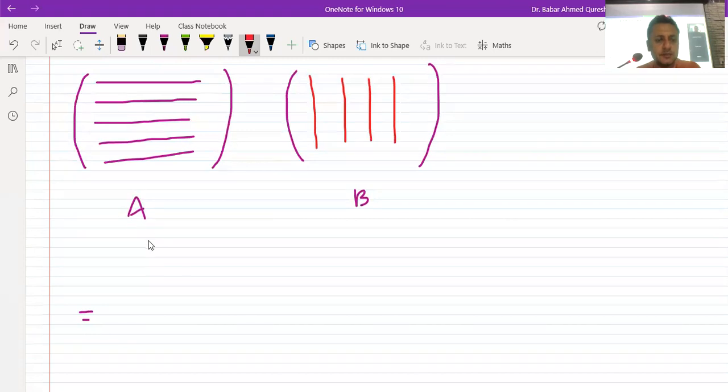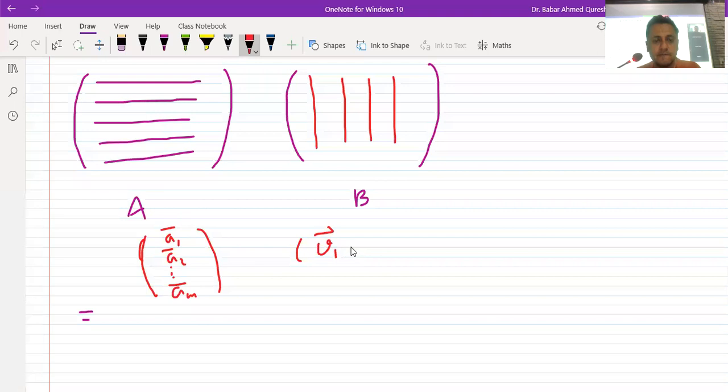So this matrix is of this form. Let's say A1, A2, AM, and this matrix, I'm writing it in this form, a column vector, V1, V2, Vn, some other number.